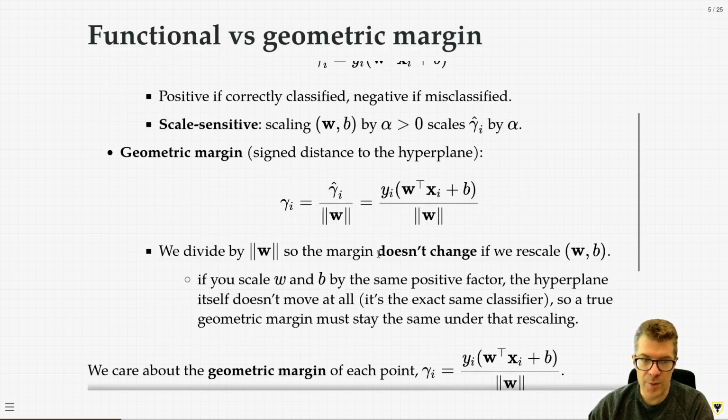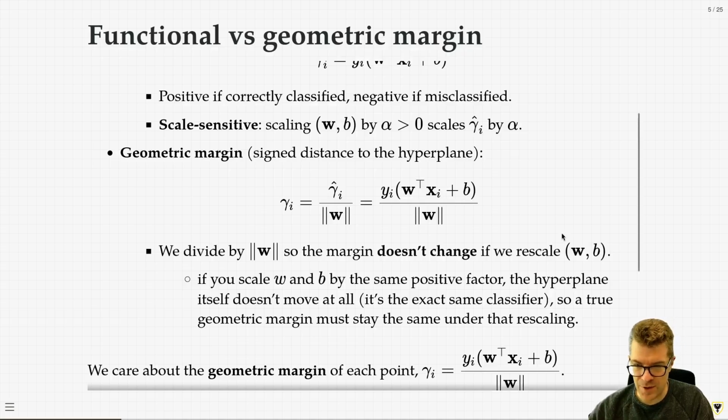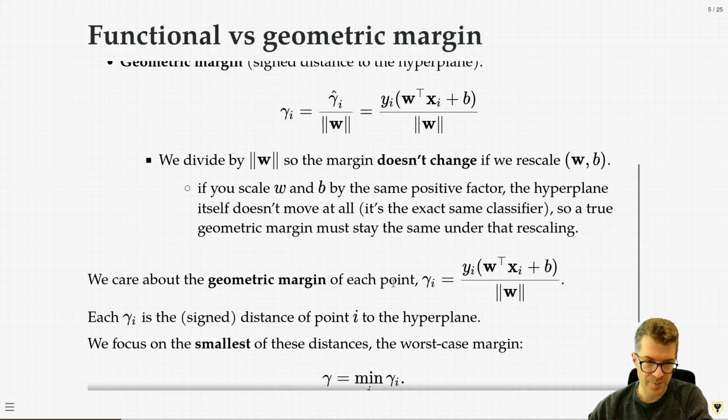Doing so means that the margin gamma won't change if we rescale w and b. We don't want it to change if we rescale. If we scale w and b by some positive factor, the hyperplane won't move at all. It'll be the same classifier. So a true geometric margin should stay the same under that rescaling.